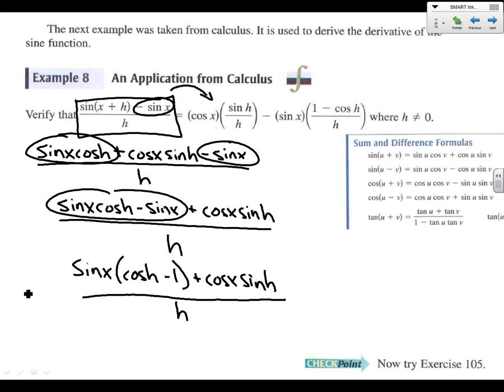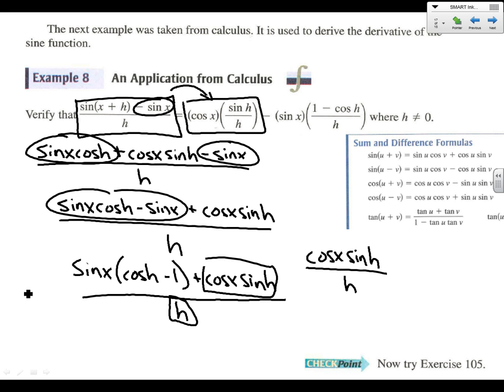So if we look at this first piece, the cos x times sine h all over h, do we have that? That's this piece divided by h. So we can rewrite this. Cos x sine h over h.